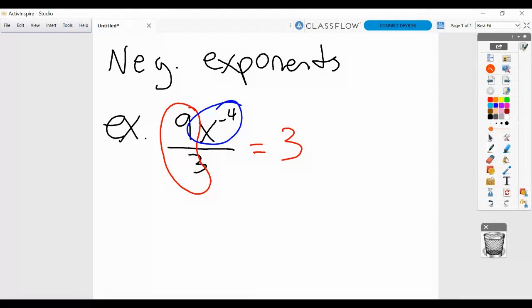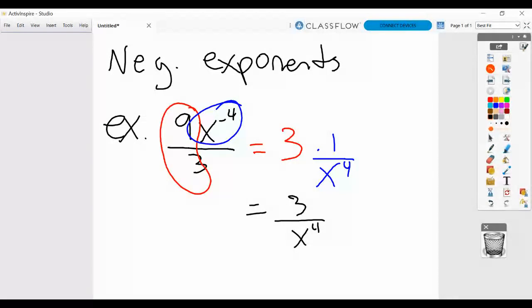Well, x to the negative 4 means you want to take 1 over, so we're basically taking 1 over x to the 4th. So you're multiplying those two together. So what you actually end up with is 3 times 1, which is 3, over x to the 4th. So that's how you would deal with that negative exponent.